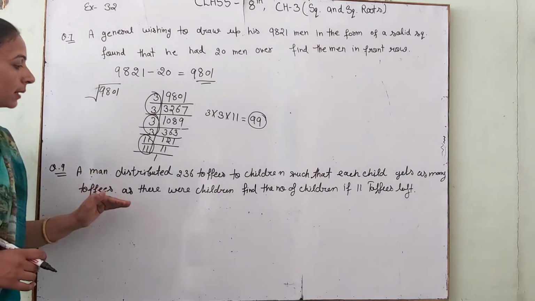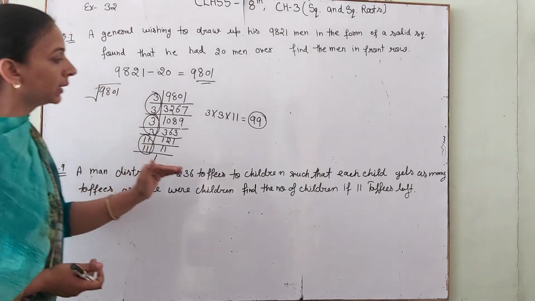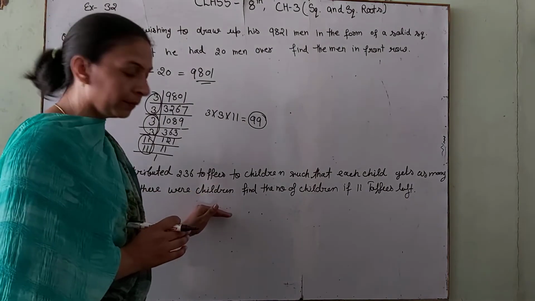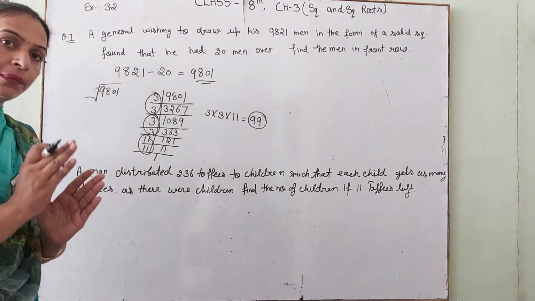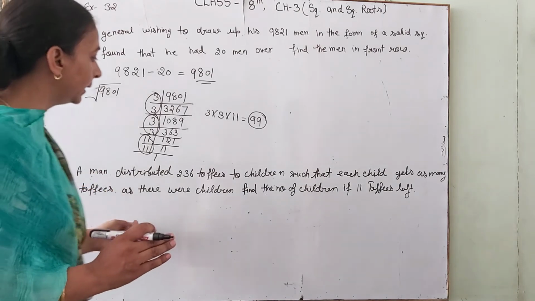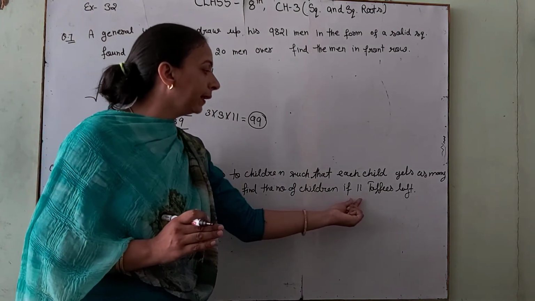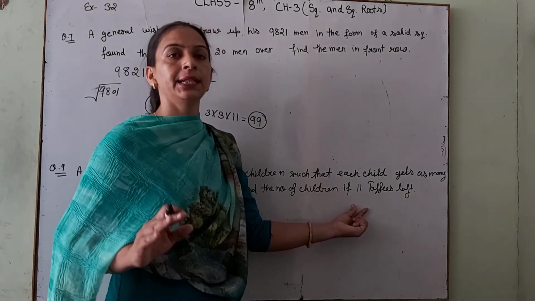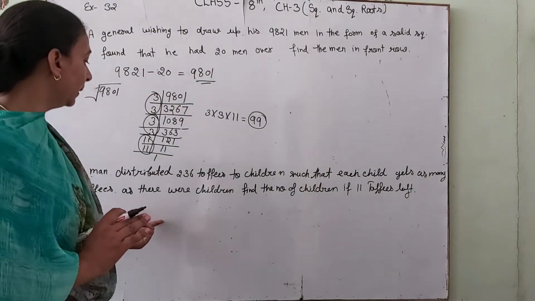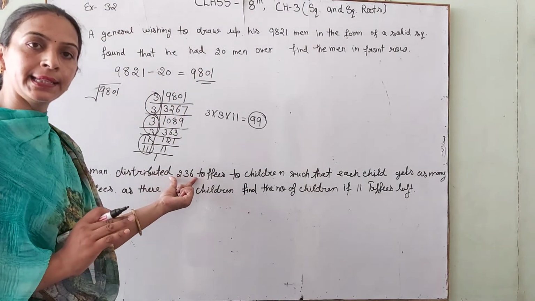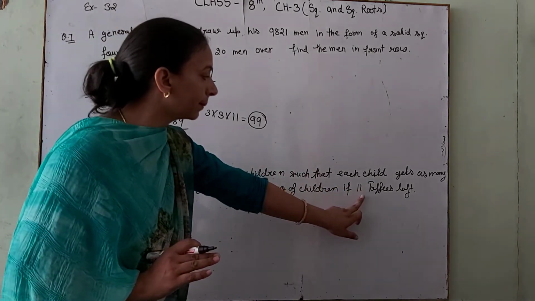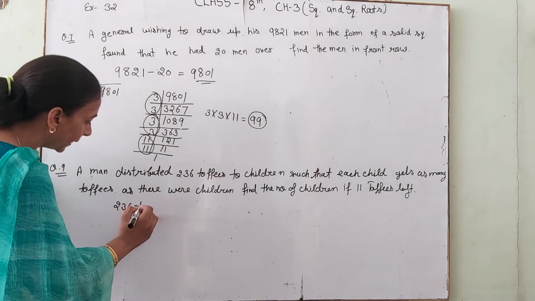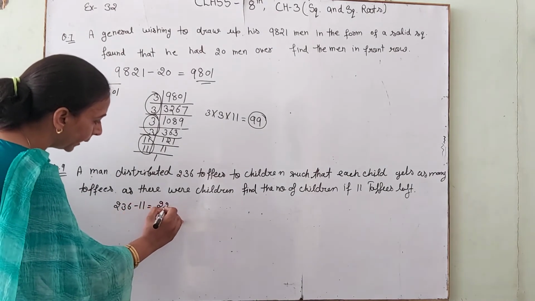9th question. A man distributed 236 toffees to children such that each child gets as many toffees as there were children. Each child gets as many toffees as the total children. Find the number of children if 11 toffees are left. If 11 toffees are left over without distribution, and the total is 236 toffees, we first subtract these 11 toffees from 236. 236 minus 11 equals 225.